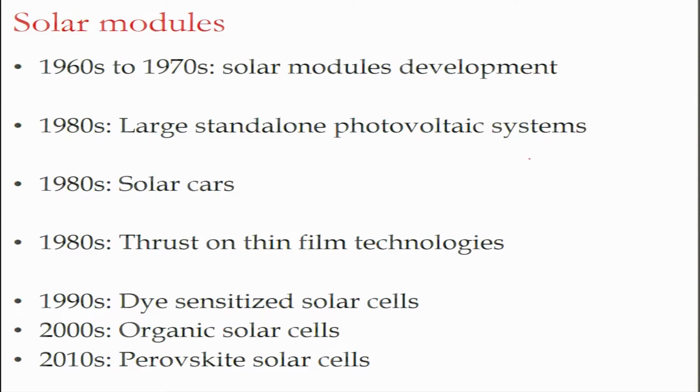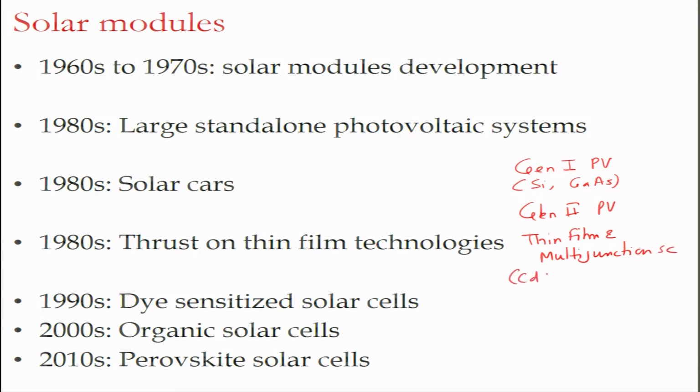First is Gen 1 PV. Gen 1 PV is primarily based on silicon and gallium arsenide, which started in the 1950s or 60s. Then we have Gen 2 PV. This is basically thin film and multi-junction solar cells, and this is primarily based on cadmium telluride, copper indium gallium selenide, CIGS as we call it, amorphous silicon, and so on and so forth.